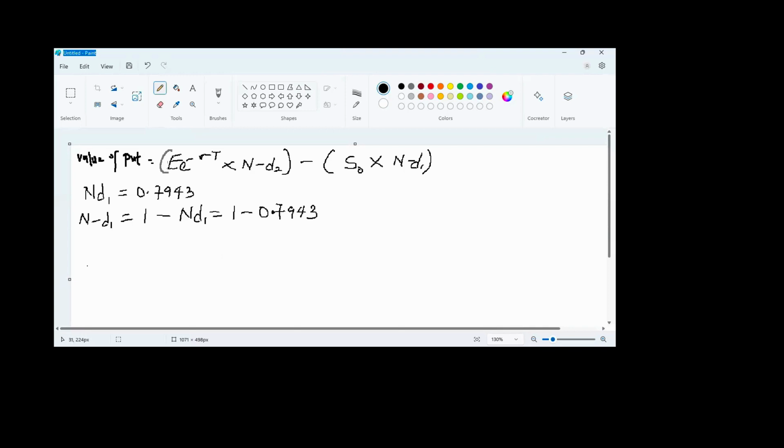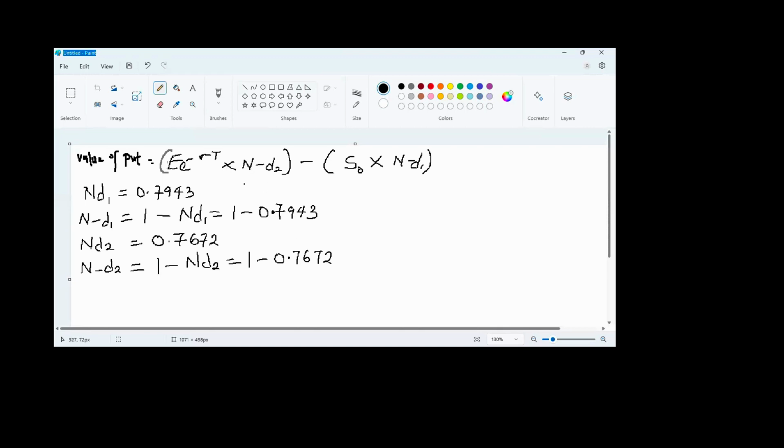I've gotten ND2. It gave me 0.7672. I need to get N of minus D2. This is equal to 1 minus ND2, which is 1 minus 0.7672.